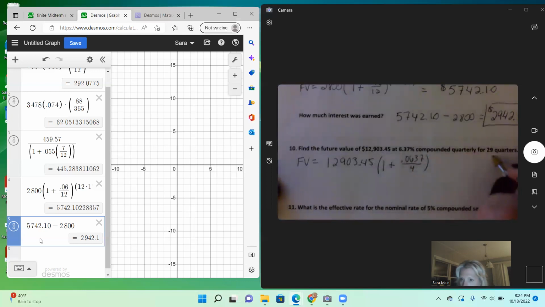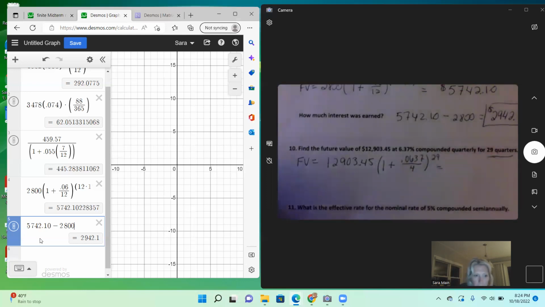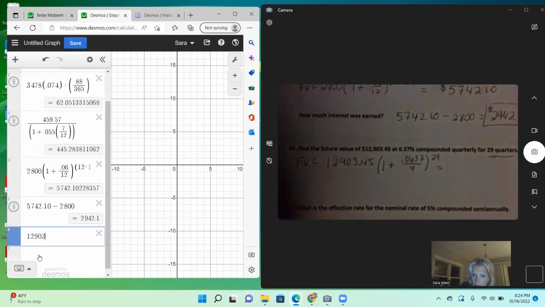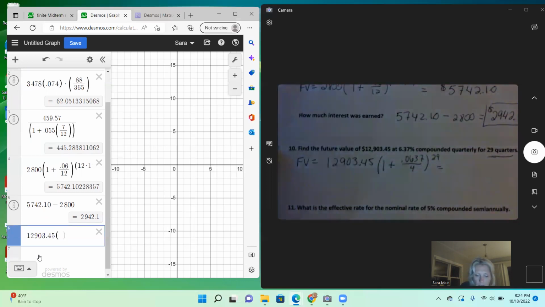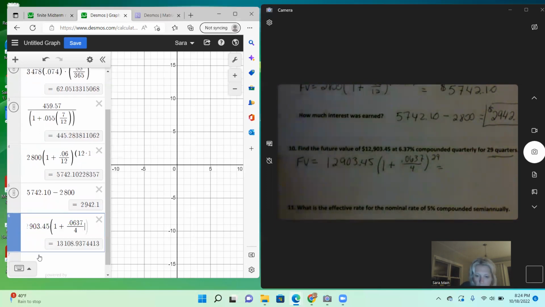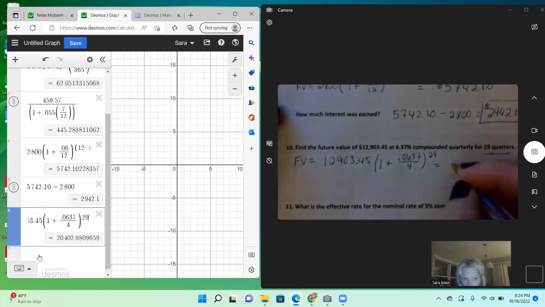And then they already told us the total number of compounding periods, which is 29. So after those 29 quarterly compoundings, we will have $20,402.98.